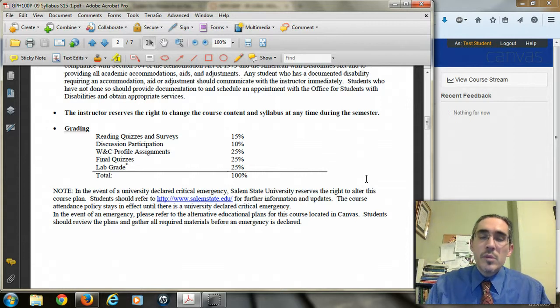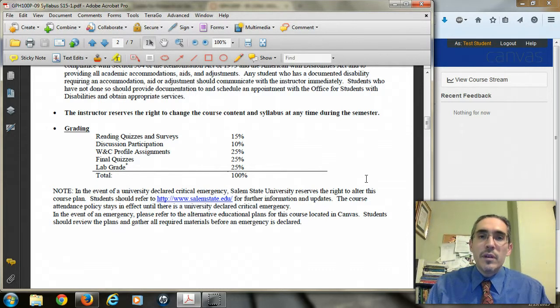For most weeks, there'll be a profile assignment, which I'll talk about more later, that asks you to look in depth at a particular place around the world, which I'll assign to you, using the lessons that we've learned in the chapters to understand that place in terms of both its weather and its climate.